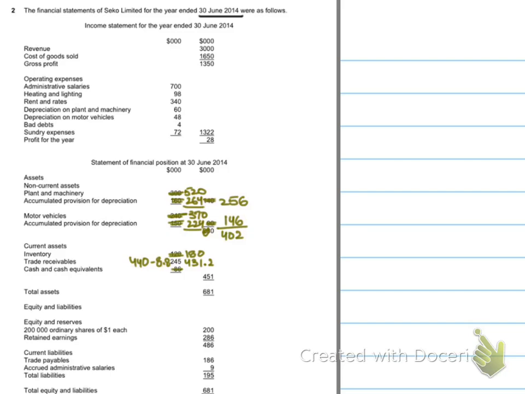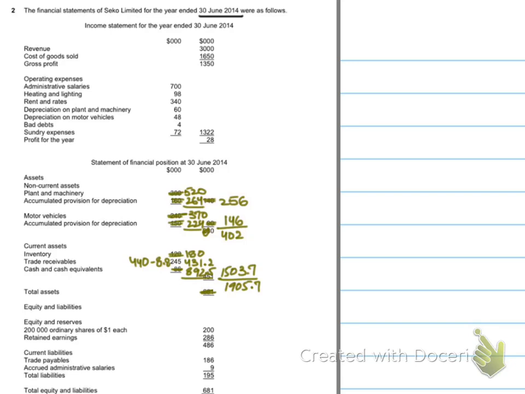Your cash and cash equivalents balance was 892.5. You add this up, you get 1503.7. So your total assets become 1905.7. Alright.